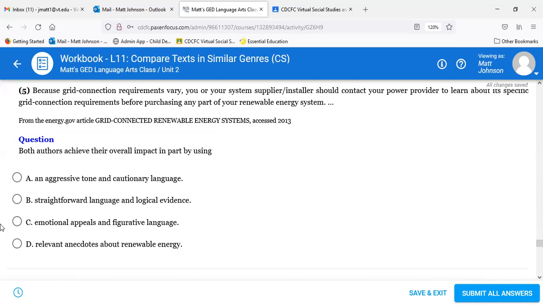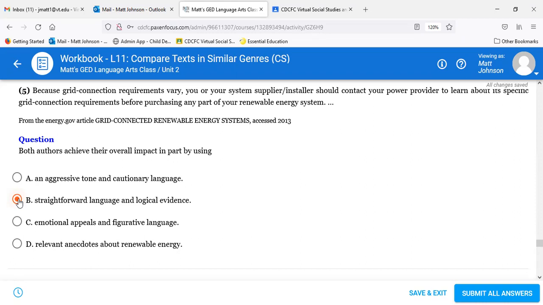B. Yep, B, right? It's kind of fact-based. It's talking about logically, hey, in the long run, this could save you money. It's ecologically sound. It's very rational and reasonable, right? It's not aggressive. It's not cautionary. It's not like, if you don't do this, you're going to die, we're going to destroy the planet.